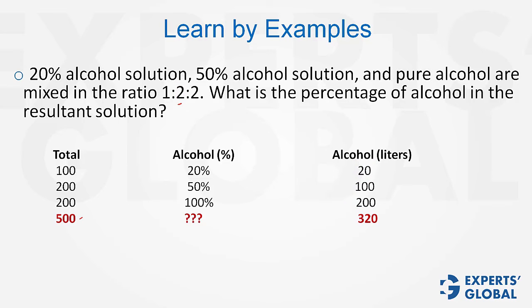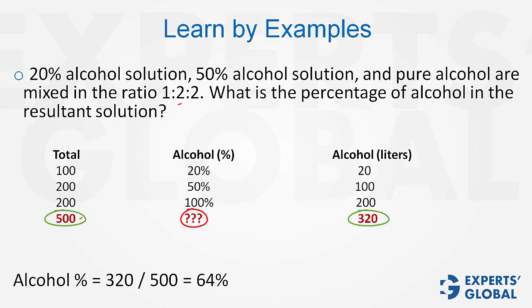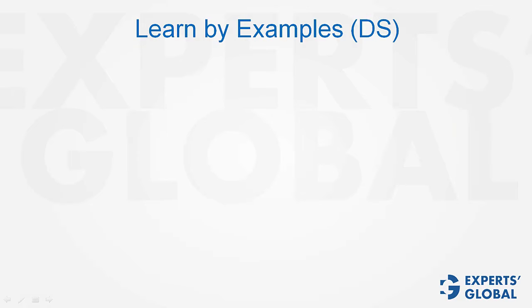The total volume is 500, and the total volume of alcohol here is 320. Overall alcohol percentage is what the question is asking. Total is 500. 320 is the absolute volume of alcohol, and this is what we have to determine. So, very simple. The answer is 320 divided by 500. That is 64%.